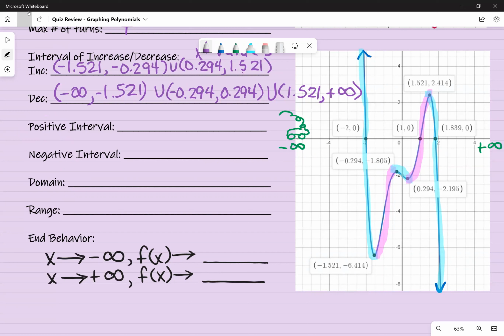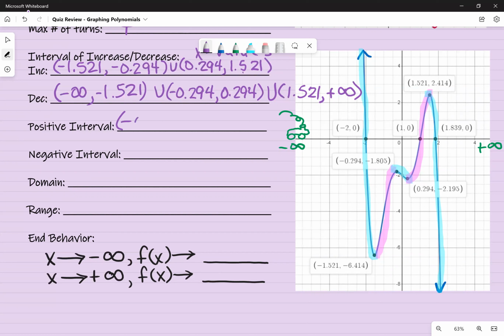That's a common error. I have to look at my graph. My graph is above the x-axis. Again, I'm looking at the x values if I see the word intervals. And if that arrow was actually stretched out to the left, well, x is negative infinity, but it's above the x-axis. So I am going to start with my positive value intervals.